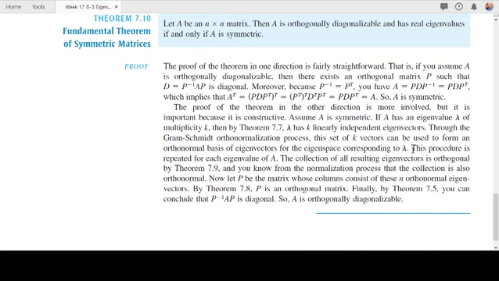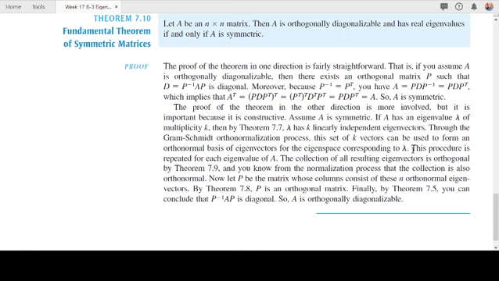If A has an eigenvalue lambda with a certain multiplicity k, there's a previous theorem that tells us that lambda has k linearly independent eigenvectors. So the dimension of the eigenspace that corresponds to lambda is k, where k is the multiplicity of that eigenvalue.